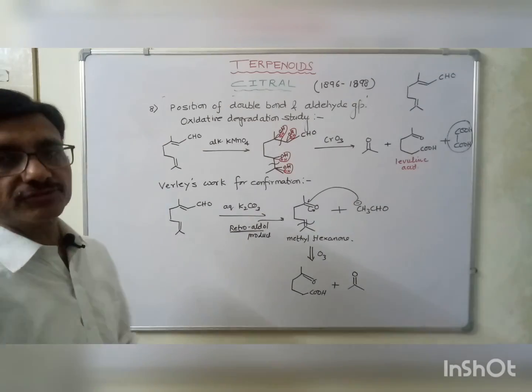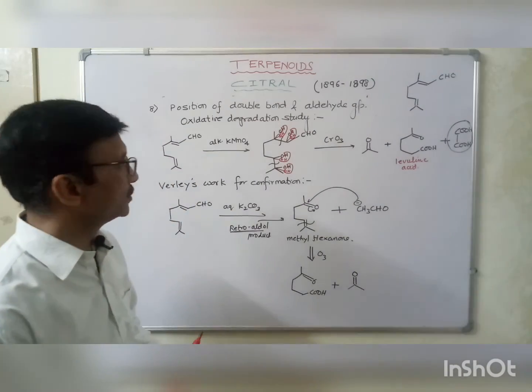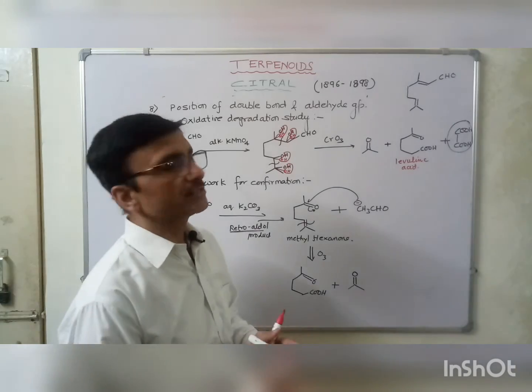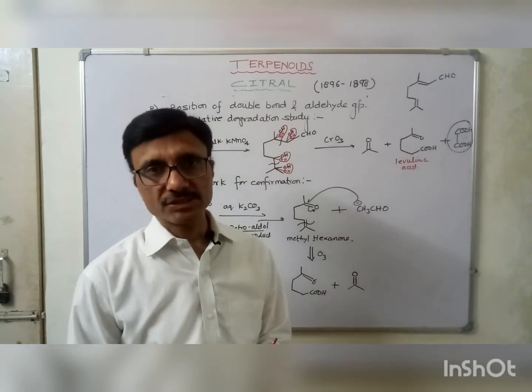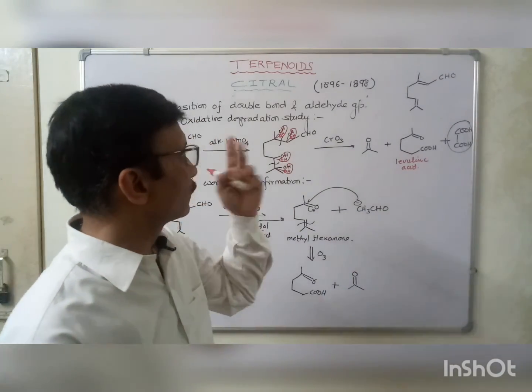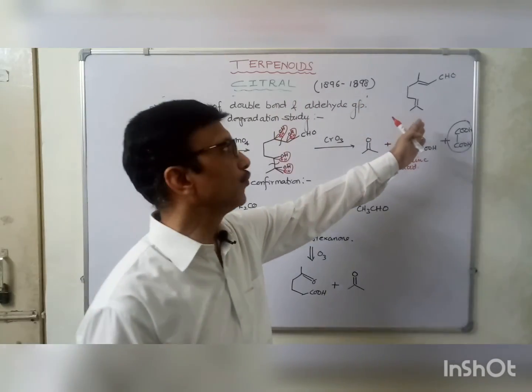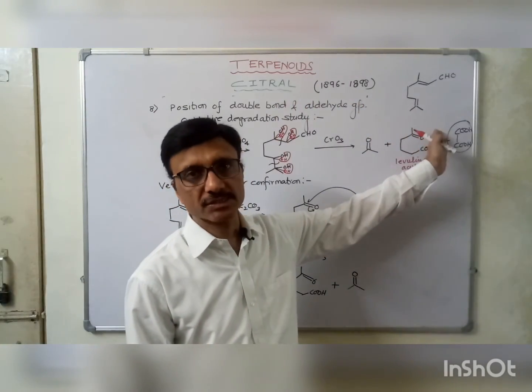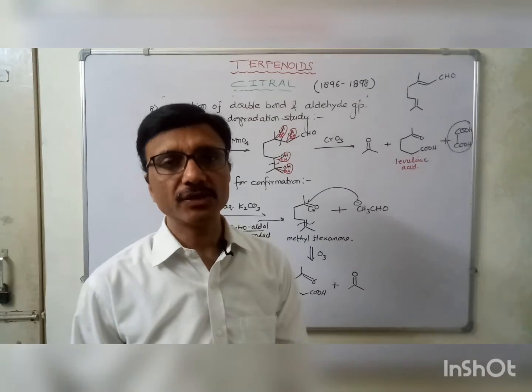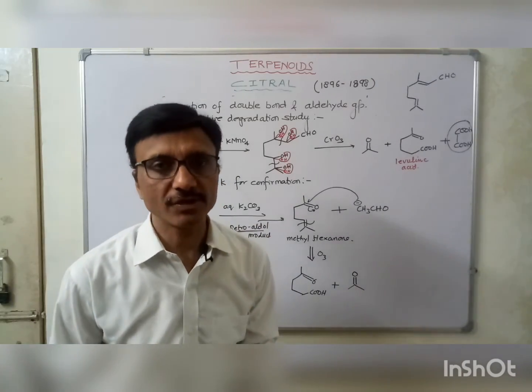So this is the structural elucidation of citral. Now in the next lecture I will tell you the synthesis. Finally, the structure was proved by its synthesis. So in the next lecture I will tell you the synthesis of citral. Thank you.